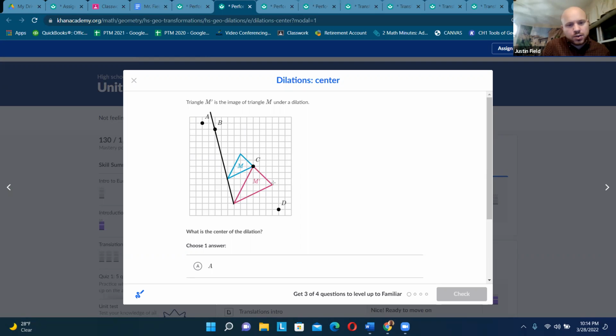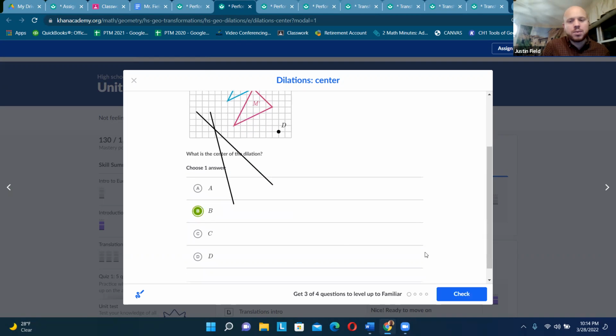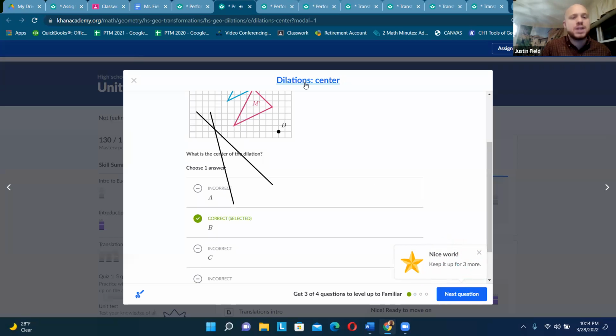You can pick any 2 pair of corresponding points. You can see that it will also go through the center. All right, so that center is B. So again, pick a pair of corresponding points, draw a line through them, and that line will also go through the center.